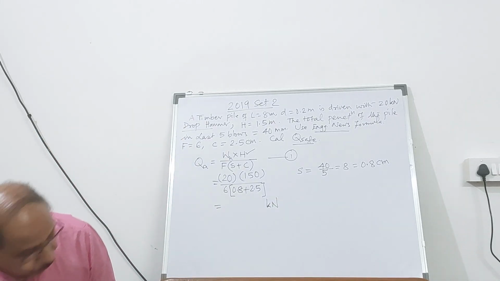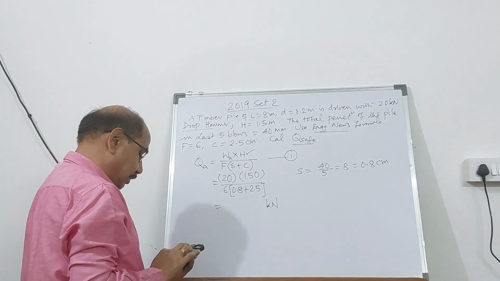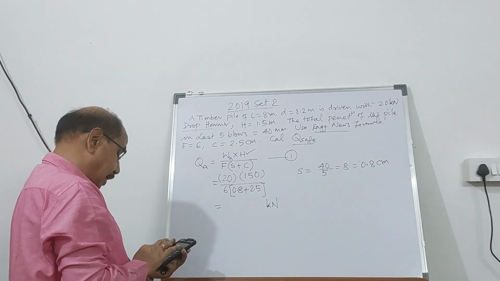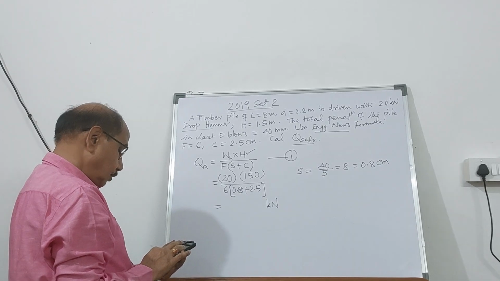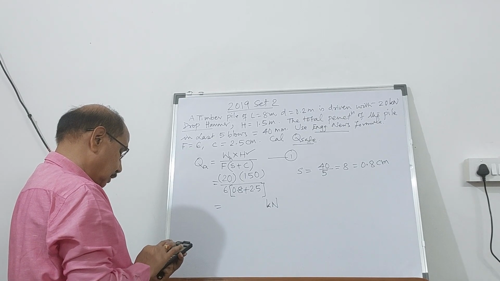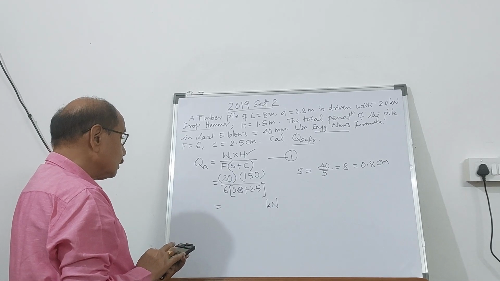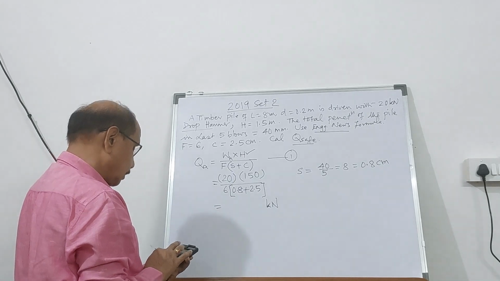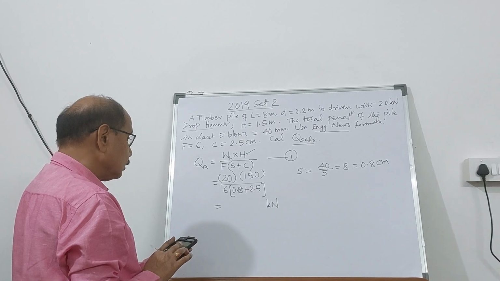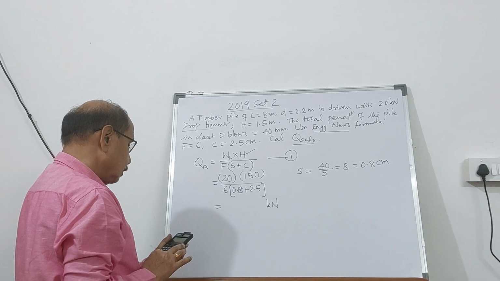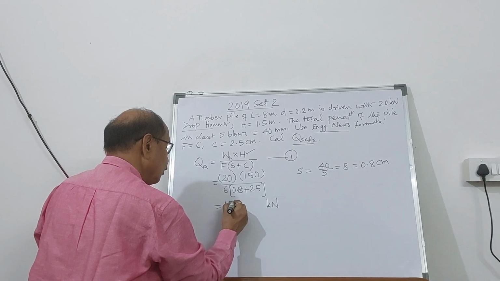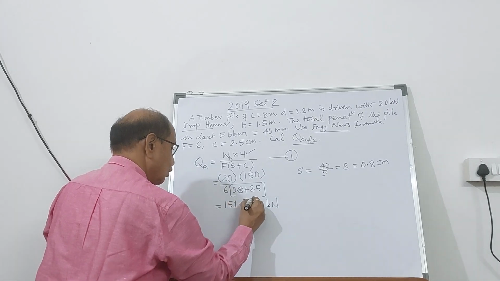So if you calculate this, the value is going to be 20 multiplied by 150 divided by 151.5, so 151.51.